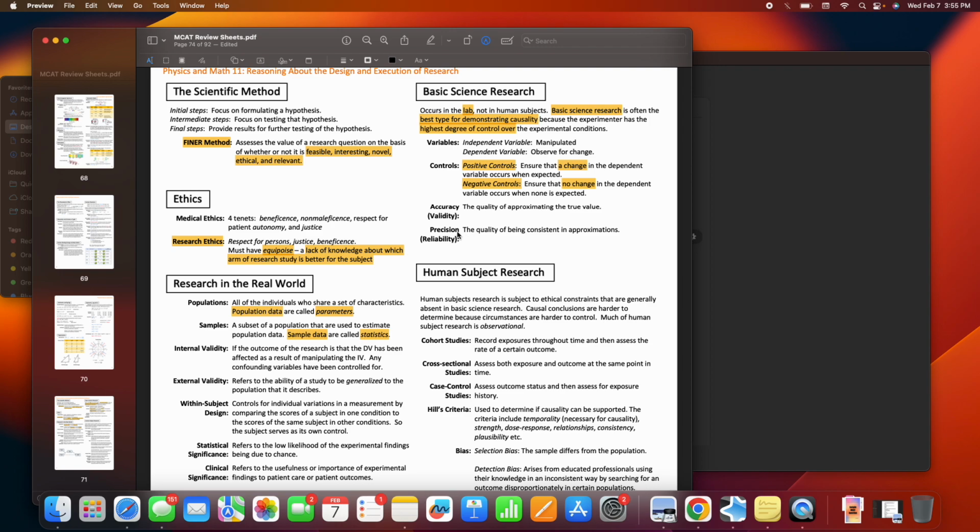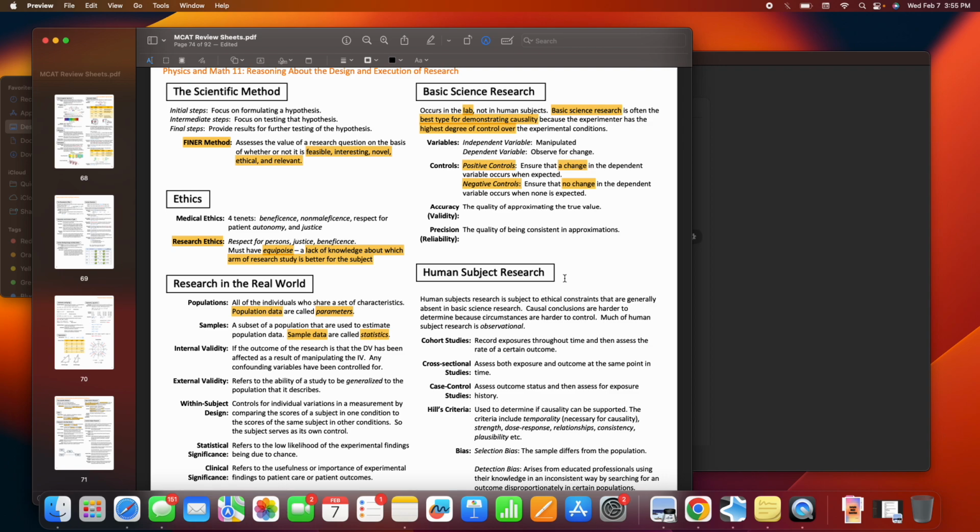Accuracy or validity is different than precision or reliability. Accuracy is the quality of approximating the true value, and precision is the quality of being consistent in approximations. So you can be precise but not on the bullseye, in the middle of the dart board, but on the surrounding area.